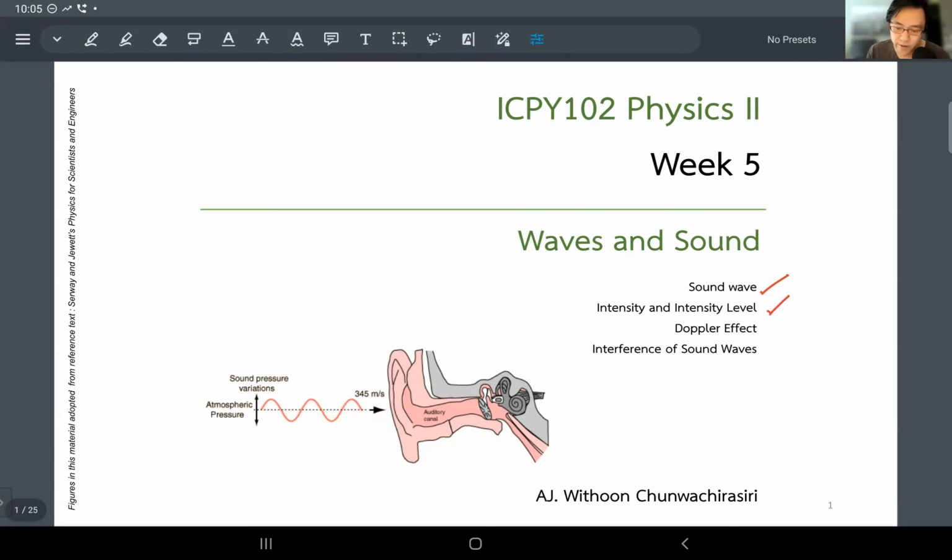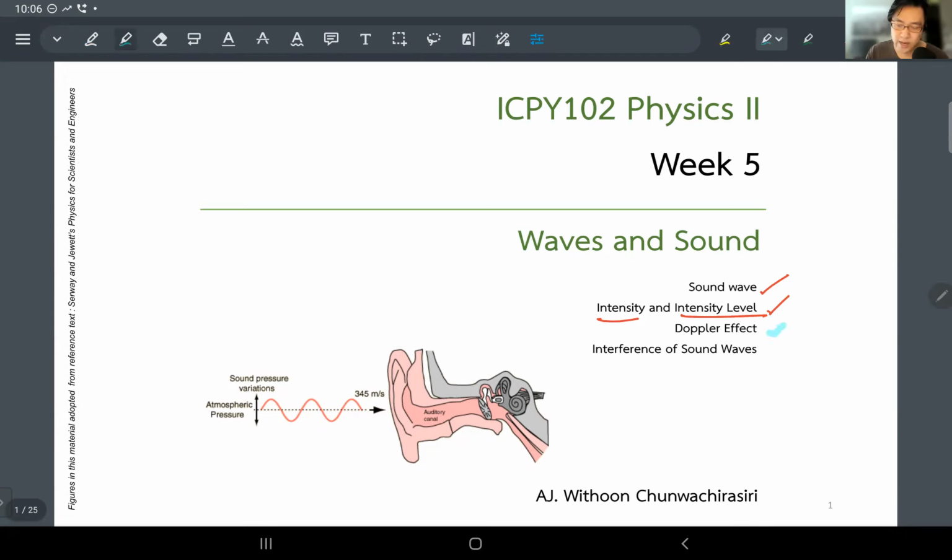So we're going to define intensity and intensity level. We're going to clear up what these two mean and how useful this whole thing is. And once we're done with that, we'll look at one phenomenon of sound waves, and actually it doesn't have to be sound, it can be any waves, which is the Doppler effect.